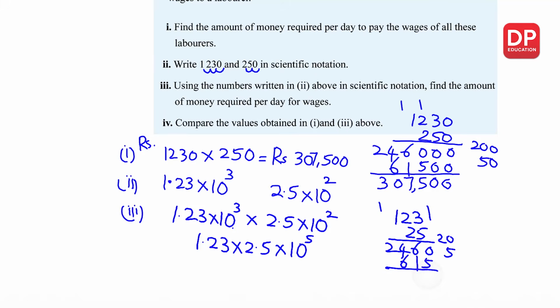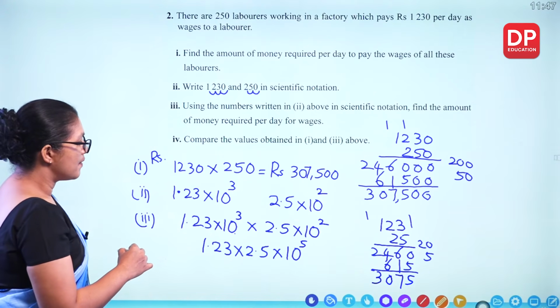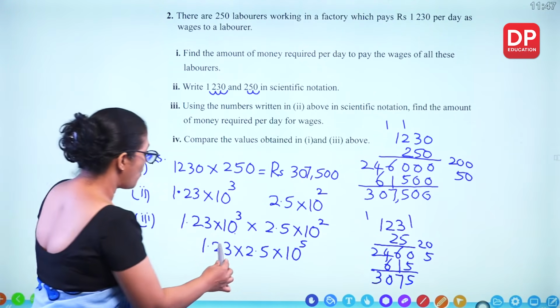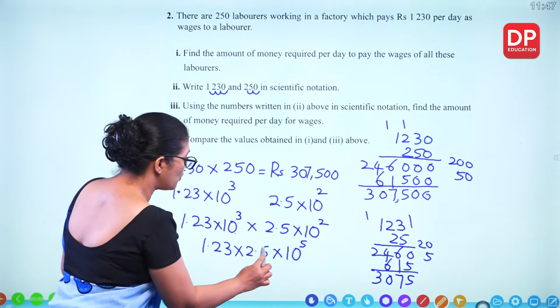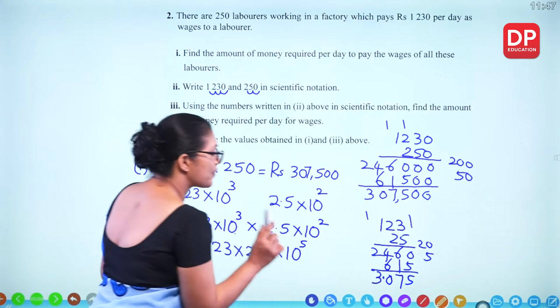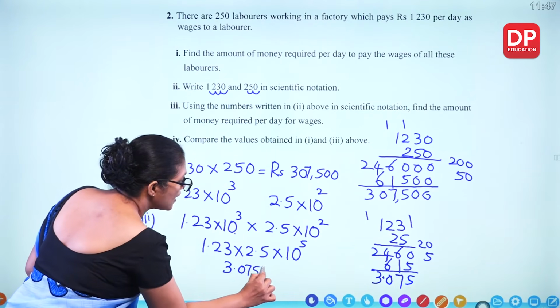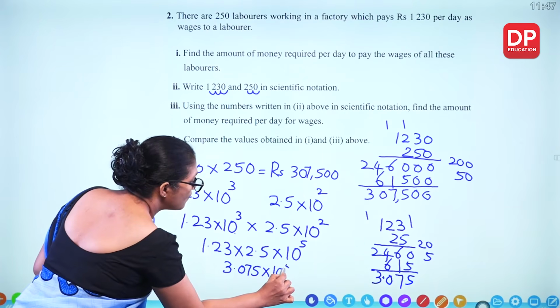And 6 here, 5, 7 and here 3, 3,075. So that means how many decimal places? 1, 2, 3 places you have to keep. That's 3.075 10 to the power 5.